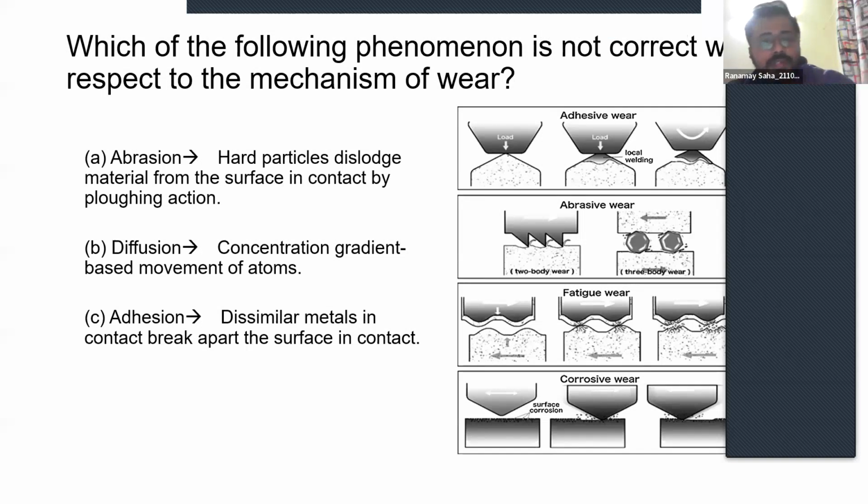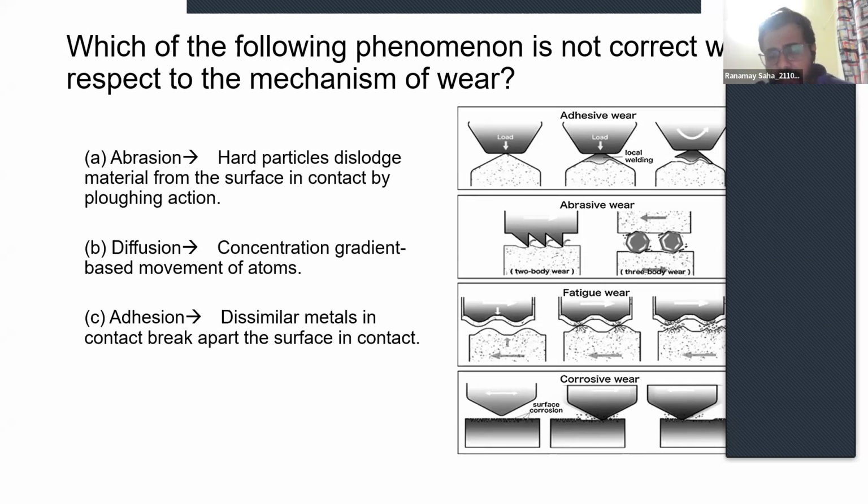Okay. There are many types of wear happening during machining or even during additive manufacturing processes. Adhesive, abrasive, and diffusion wears are the common ones, but there are some others like fatigue wear and corrosive wear.